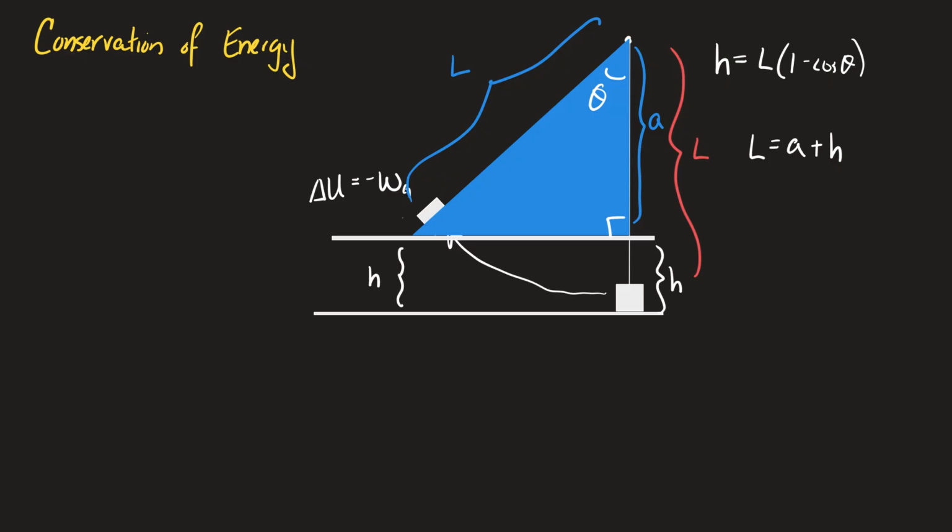Is that okay? And how about cosine theta is A over L? Is that okay? So L equals L cosine theta plus H. That okay too?